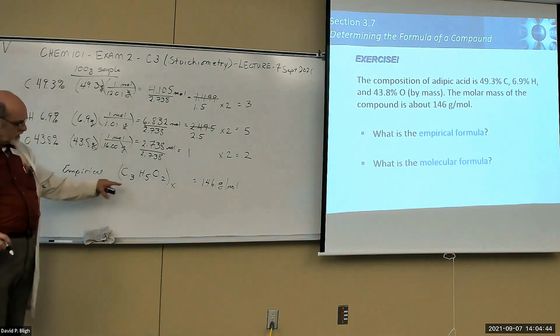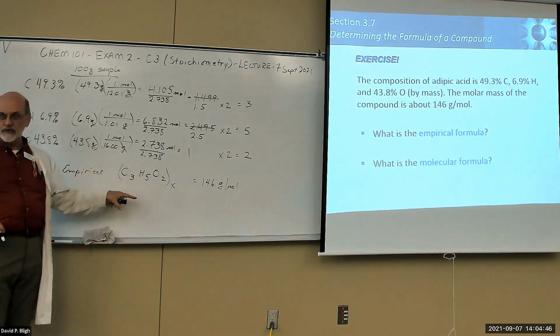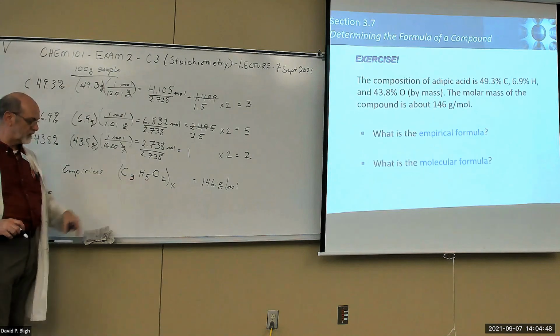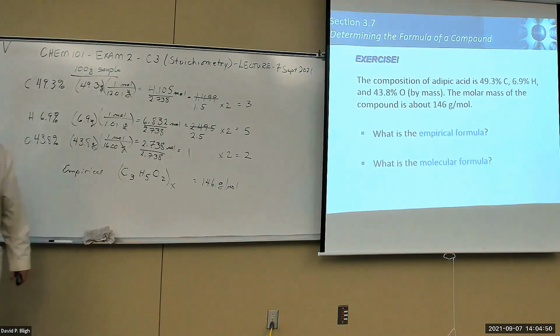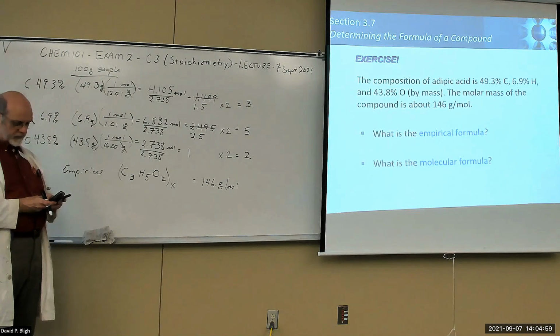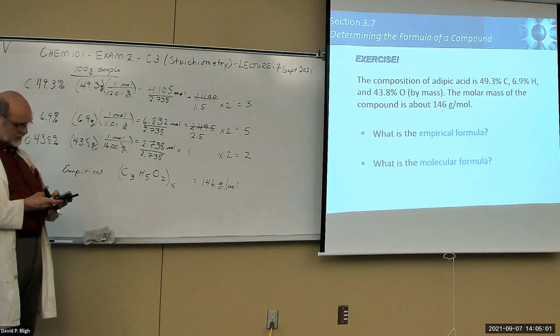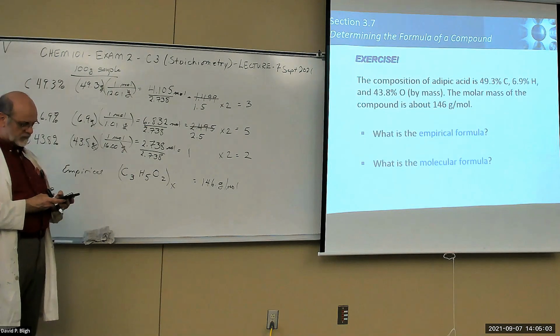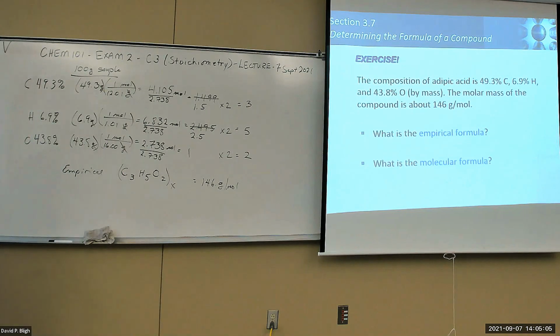But what's the empirical weight of this compound right here? Of this formula? What's the formula weight here? Well, let's see. 3 carbons is 36.03. And then 5.05 for the hydrogens. And then 32 for the oxygens. That's 73.08.